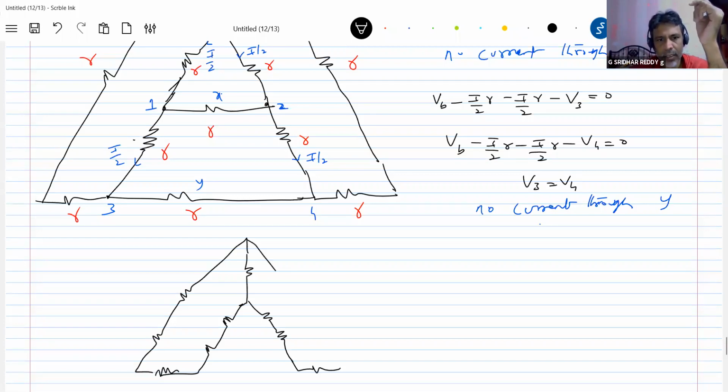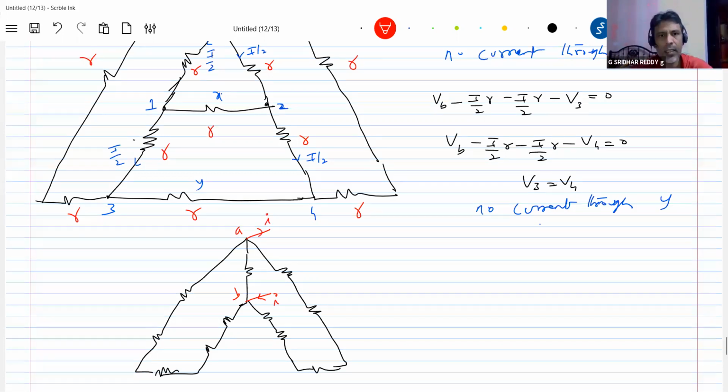Can we solve this? This will be much easier. The current we assumed enters, and the same current has to leave from here. Everywhere let the resistance be R. So this is 2R, and this whole branch is 5R.